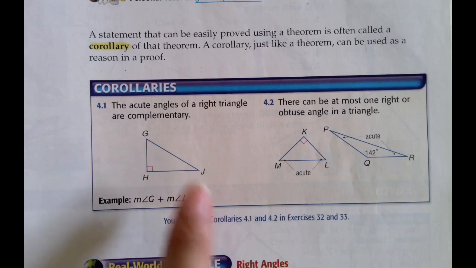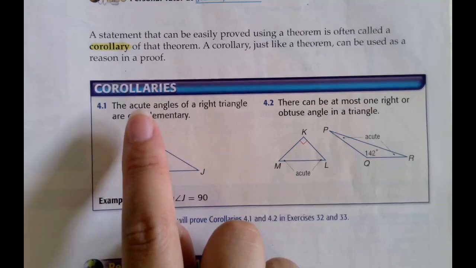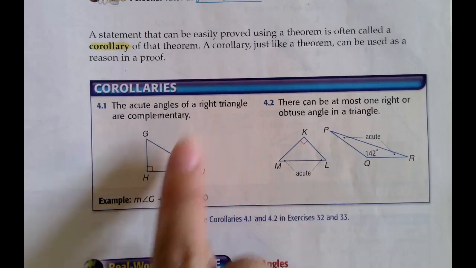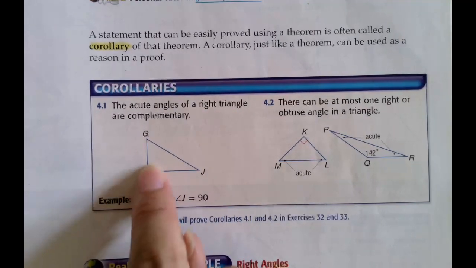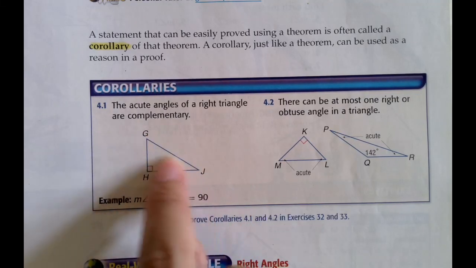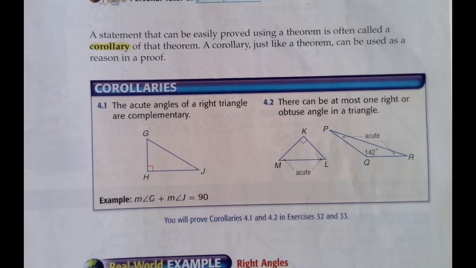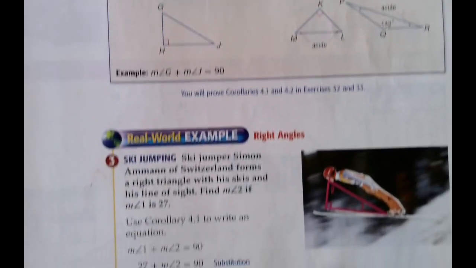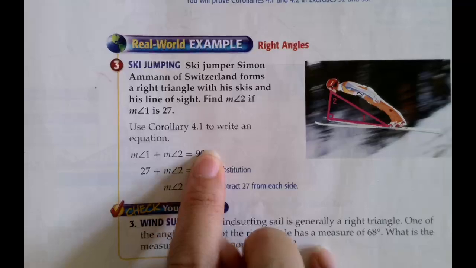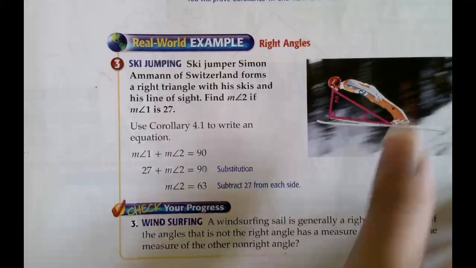Basically they were using this corollary, which tells us that the acute angles of a right triangle, since one of them already has to be 90, so 180 minus 90 is 90, the other two have to equal 90. They are complementary, which is why instead of having it equal to 180, they had the other two angles equal to 90 in order to total that 180.